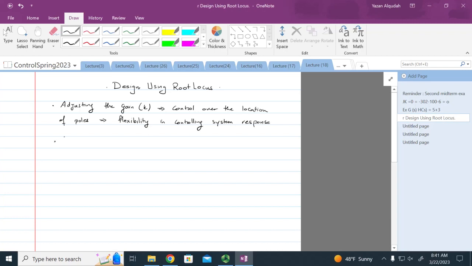However, in some cases, adjusting the gain alone is not going to be sufficient.